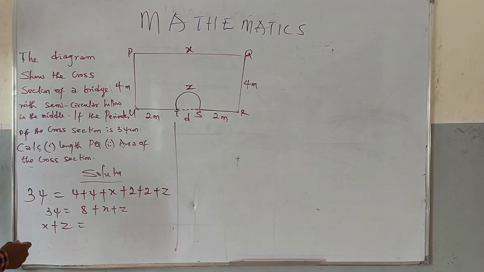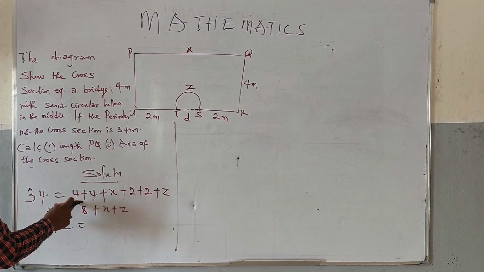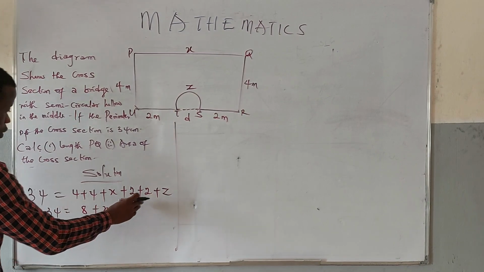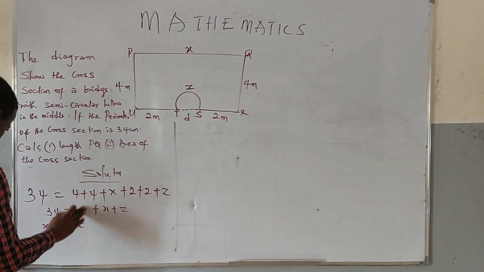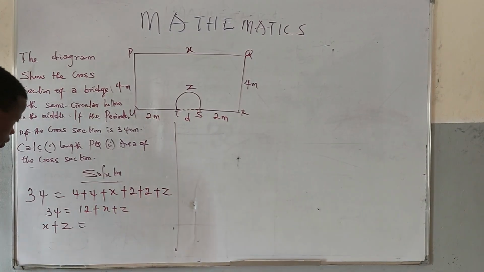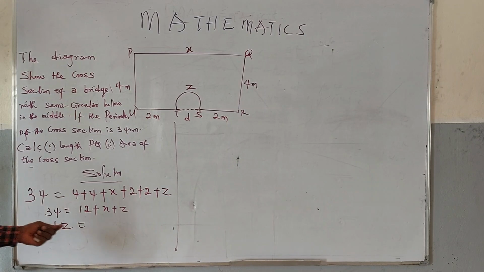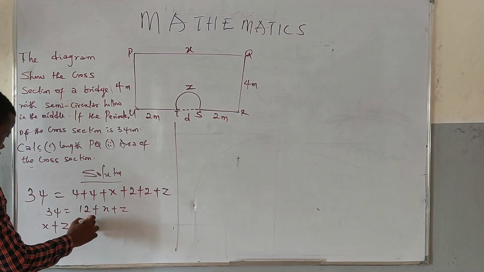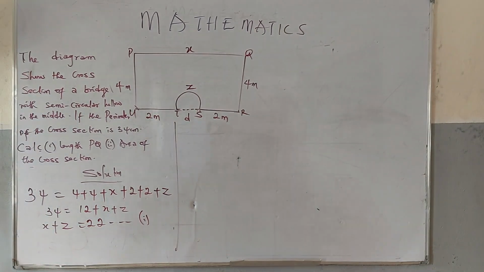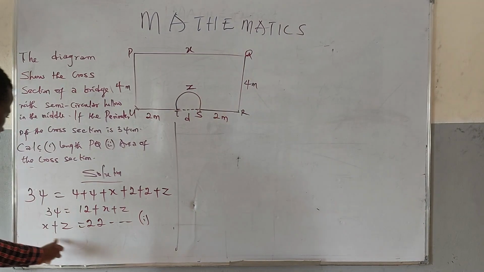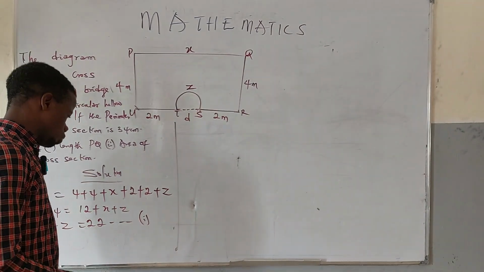So if we take this plus this, we have 8 plus 4, 12. Don't mind me, please. I'm a bit tired. So we take this away from 34. What do we have? We have 22. Make this equation 1. So from here, x plus z is equal to 22.